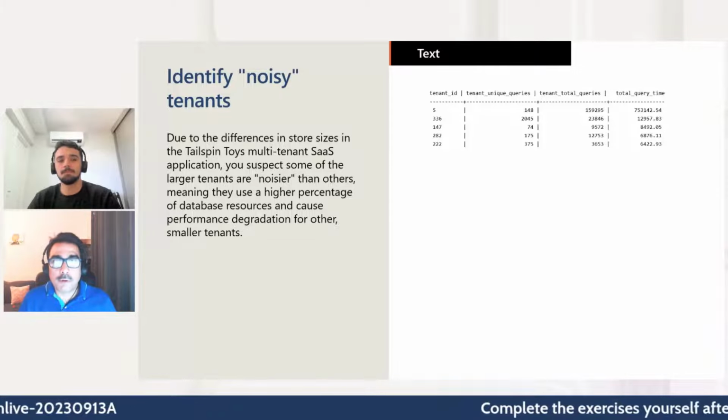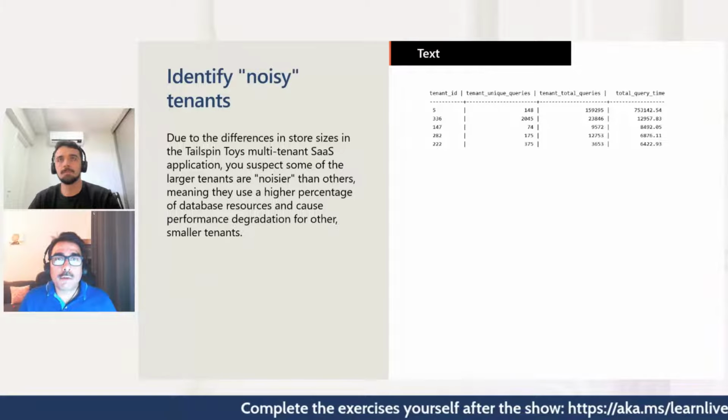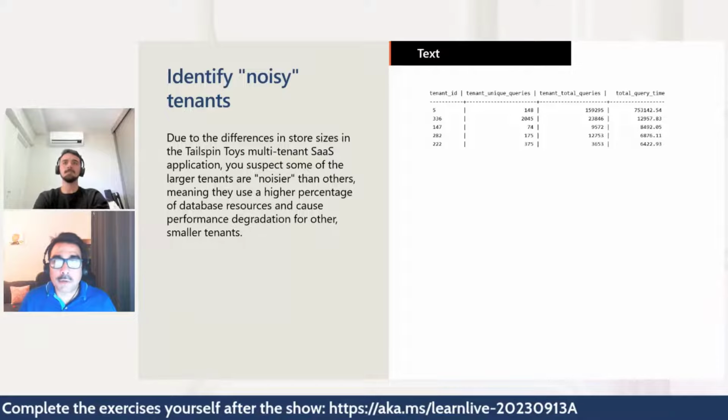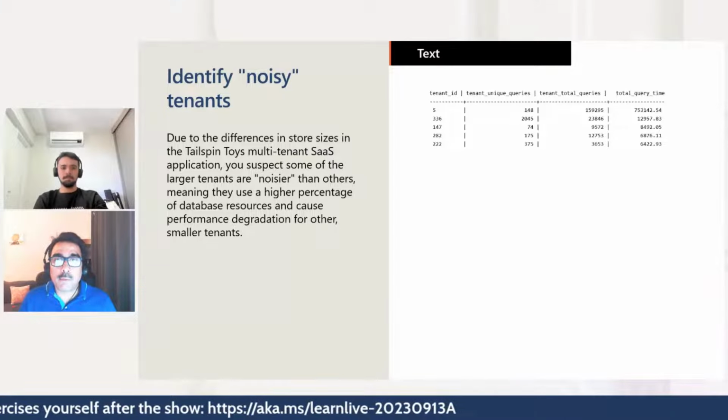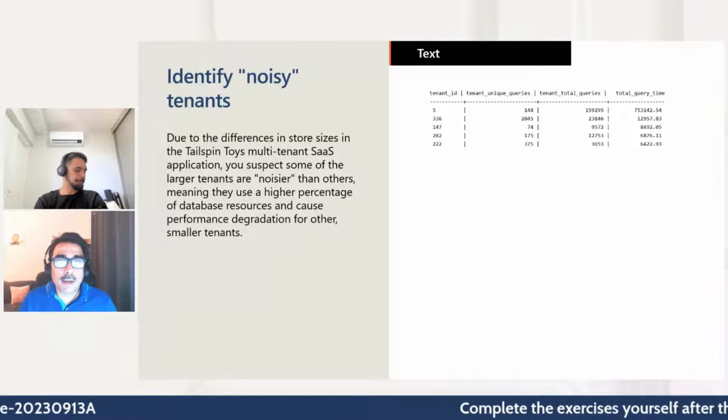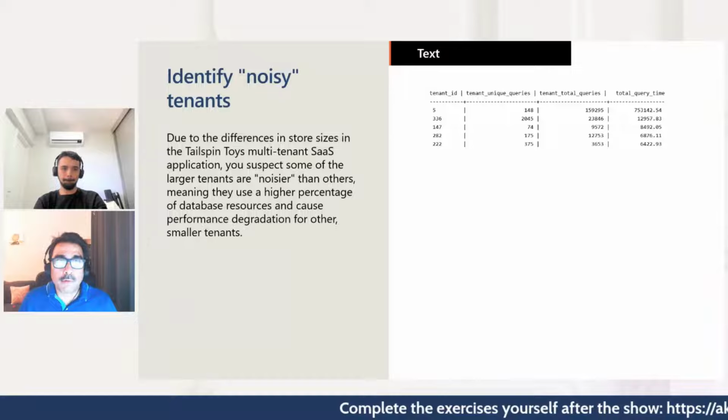From here, if you look into the data, you see that tenant ID 5 is the most noisy, because a lot of queries are getting submitted here, and a lot of query time and resources are being consumed by tenant ID 5.